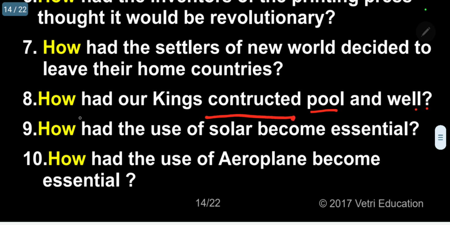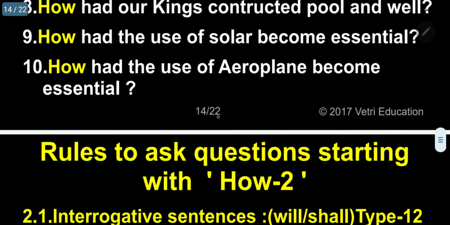Constructed is the main verb, had is the auxiliary. How had the use of solar become essential? Become is the main verb, had is the auxiliary. How had the use of aeroplanes become essential? Become is the main verb, had is the auxiliary.